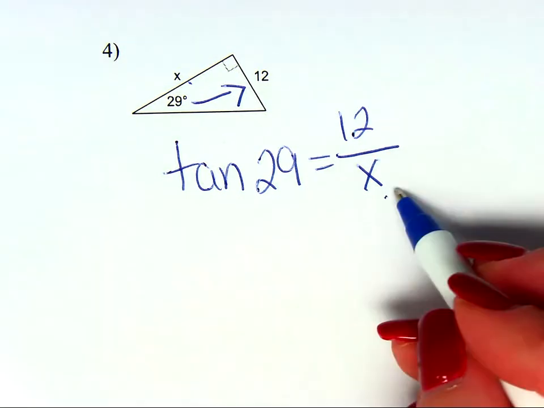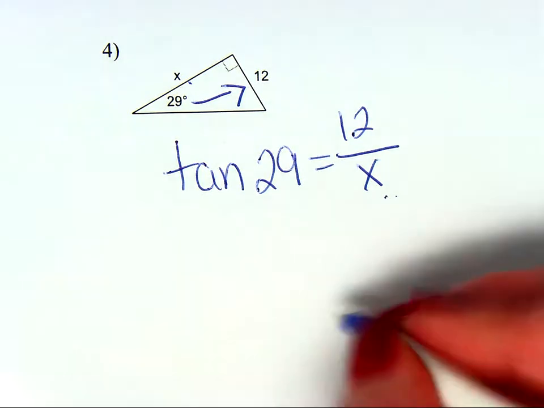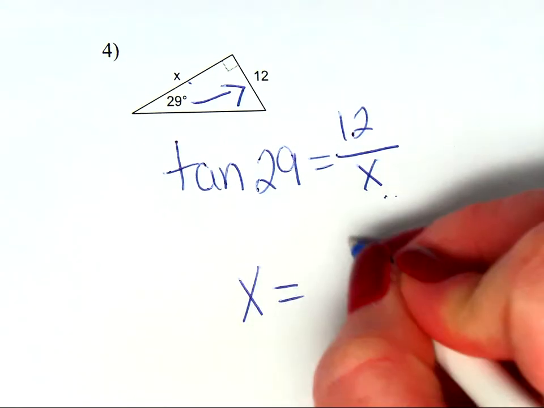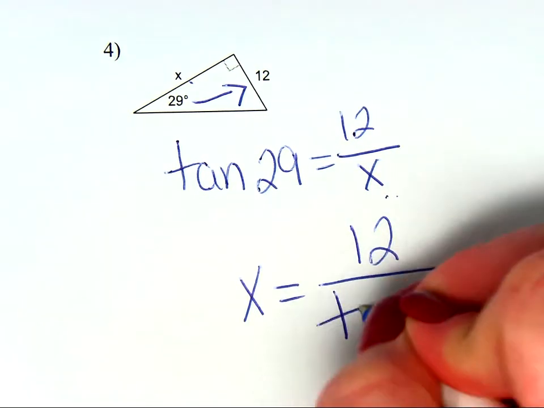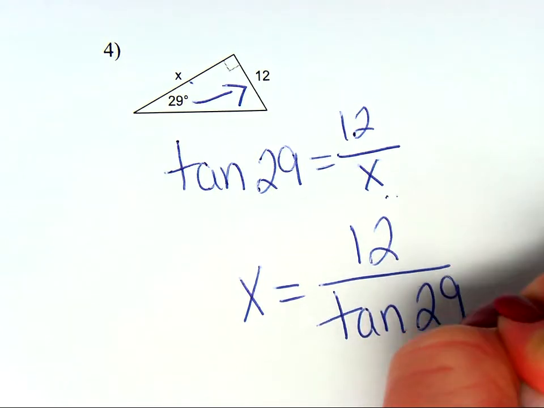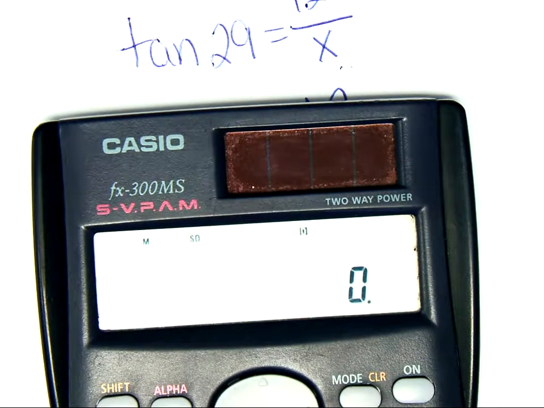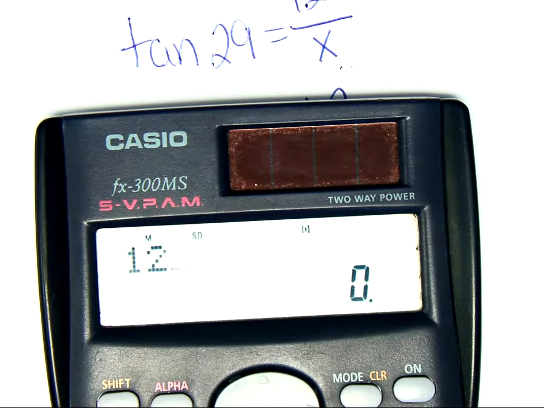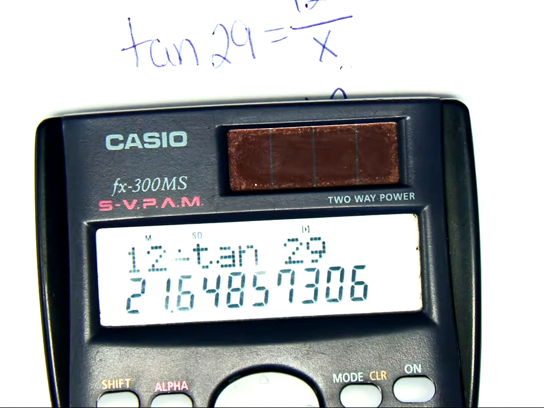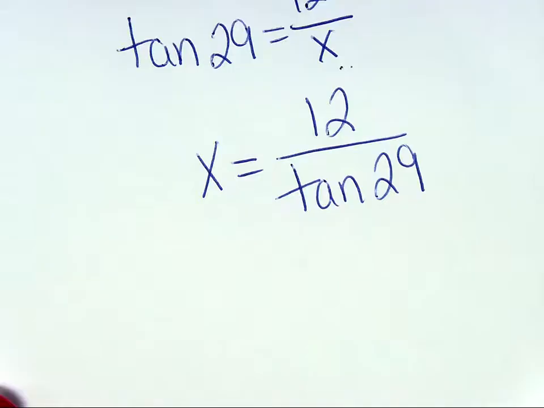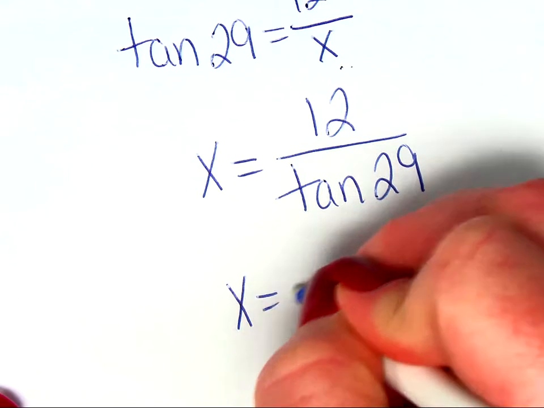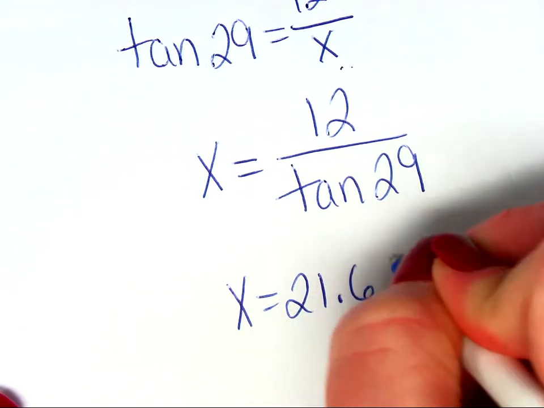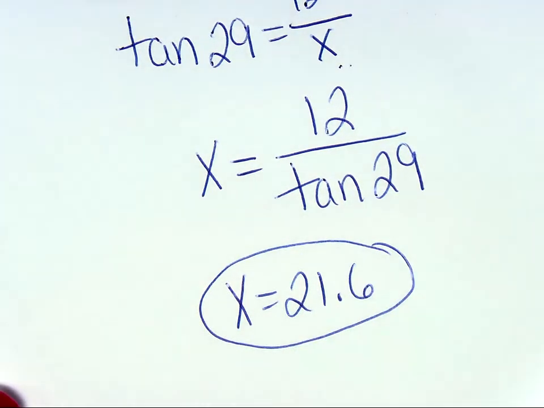But when I have a variable in the denominator, all I need to do is rewrite the equation as such. In the calculator, I would take 12 divided by the tangent of 29, and I get 21.6 as my approximate answer. And X is equal to 21.6. And that is my answer for this one.